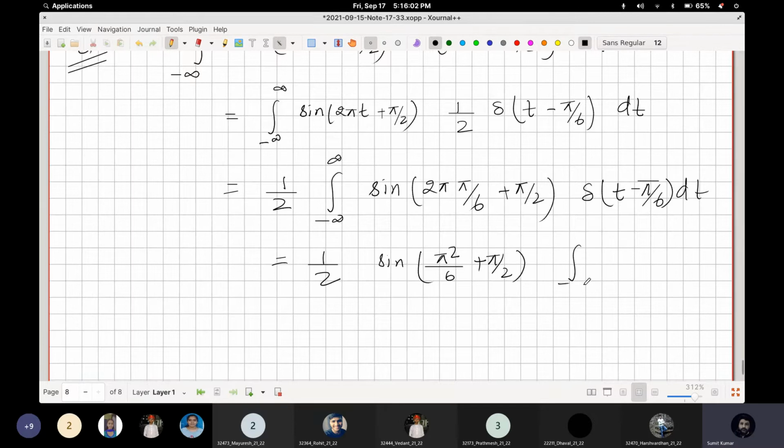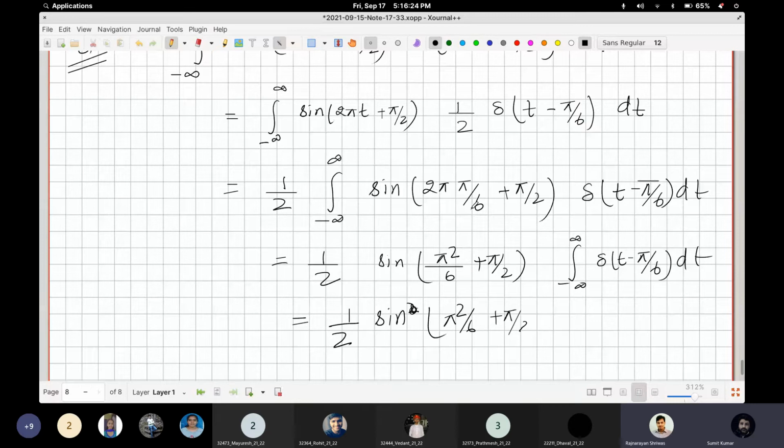And here you have minus infinity to infinity delta t minus pi by 6 dt, and you know that this area turns out to be 1, so the answer will be half of sine pi square by 6, plus pi by 2. Sir, it should be pi square by 3. Yes, pi square by 3, since 2 is here with 6, this will be pi square by 3, and here pi square by 3 plus pi by 2 only. Okay, so this will be the answer.